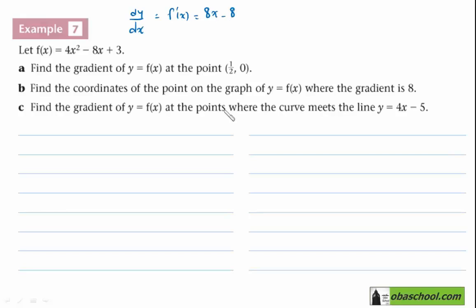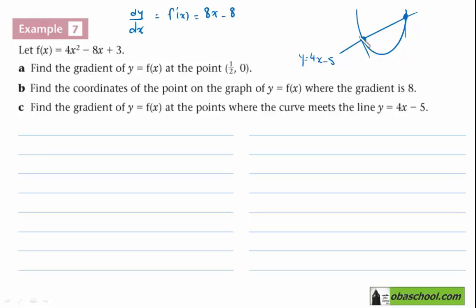8x minus 8. Then, in order to find the gradient of y equal f of x at the intersection point, we can imagine we have this function and this straight line with the equation y equal 4x minus 5. It intersects the parabola at 2 points.